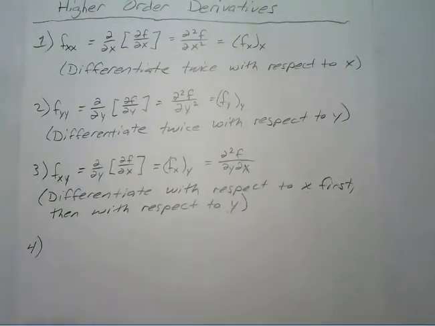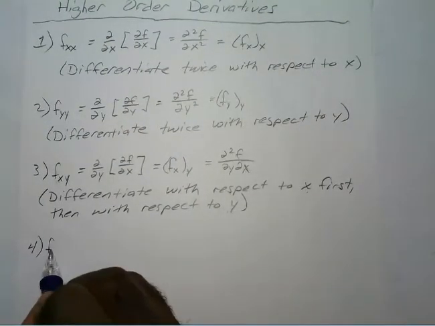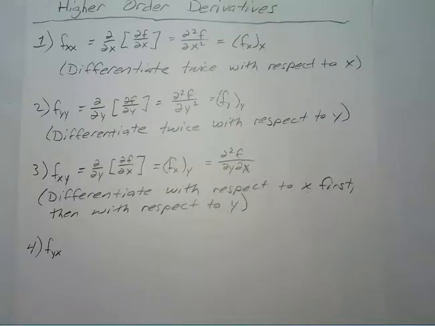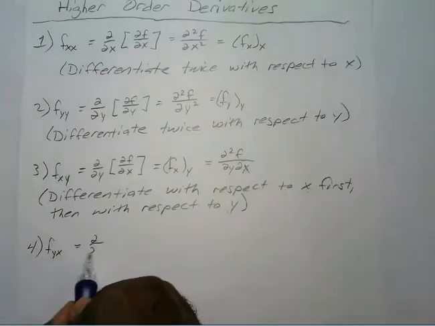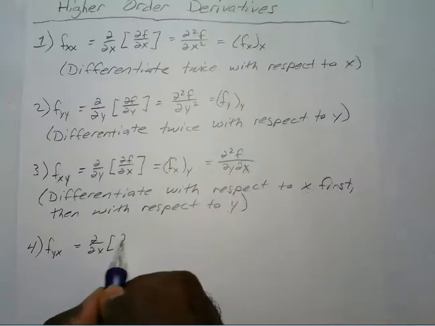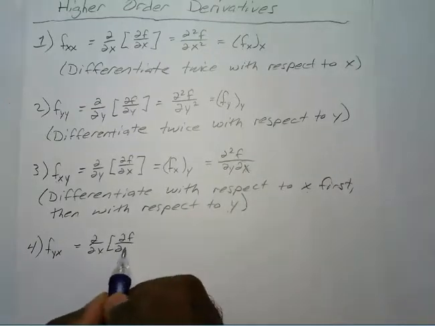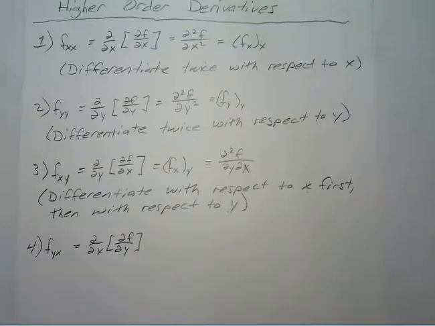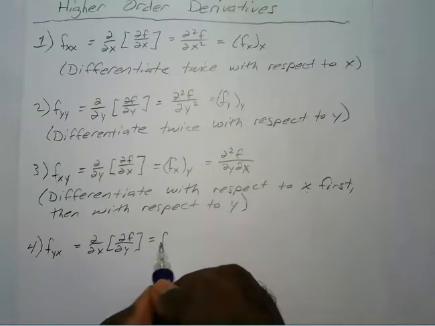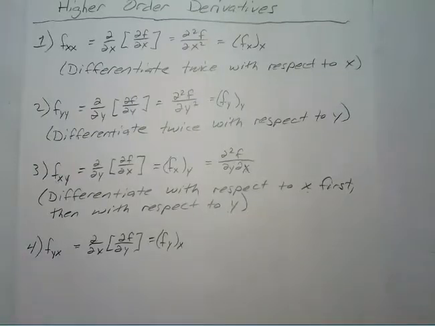Okay, and fourth, partial y, then x, that's just equal to the partial with respect to x of your partial of f with respect to y. Or partial with respect to y first, then find the partial with respect to x of that one.